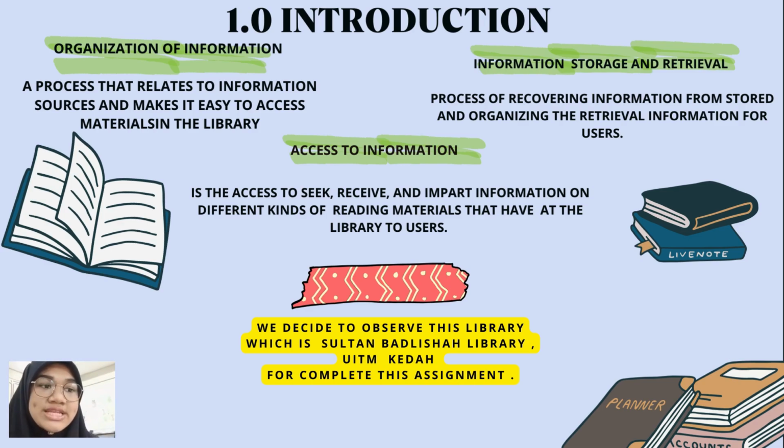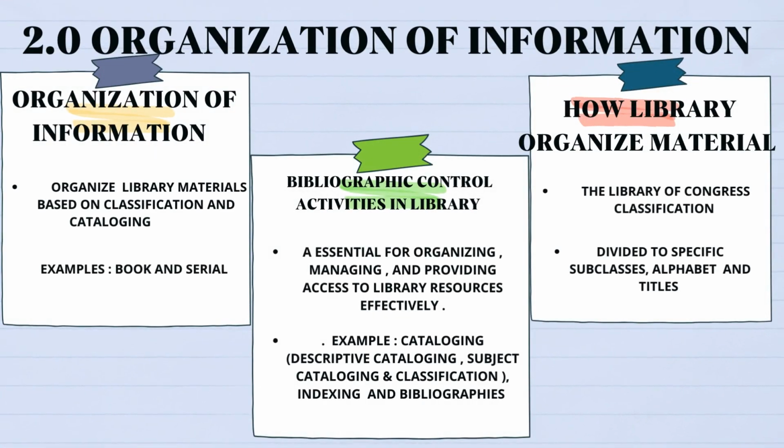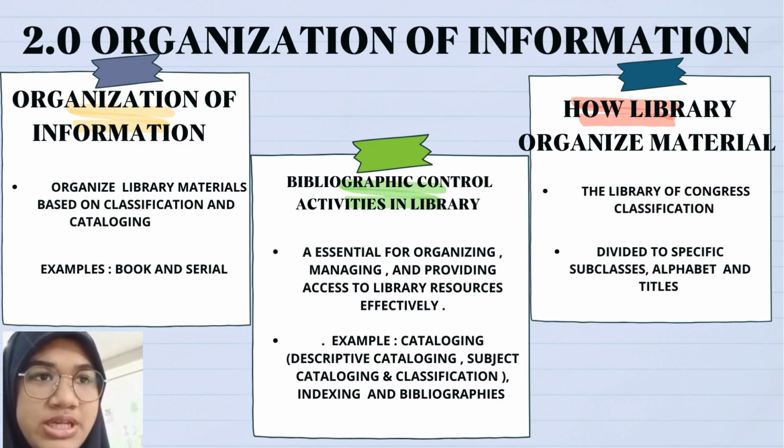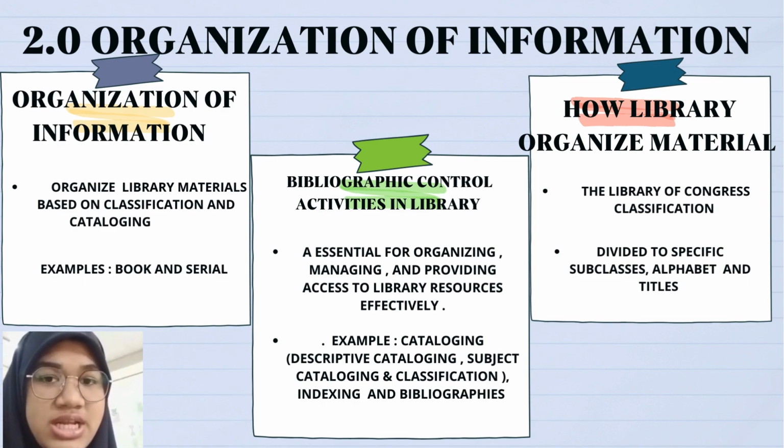So we decided to observe this information in the Sultan Abdul Samad Library UiTM Kedah to complete our assignment. So this is about organization of information in the library, bibliographic control activity in the library, and how the library organizes material in Sultan Abdul Samad Library.